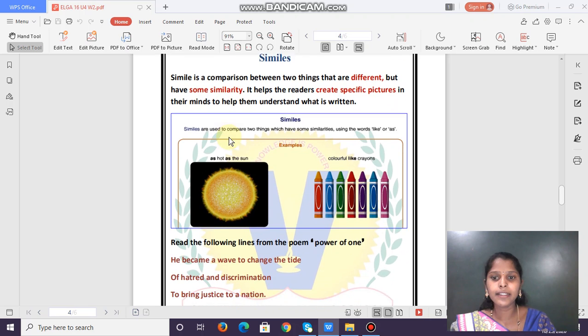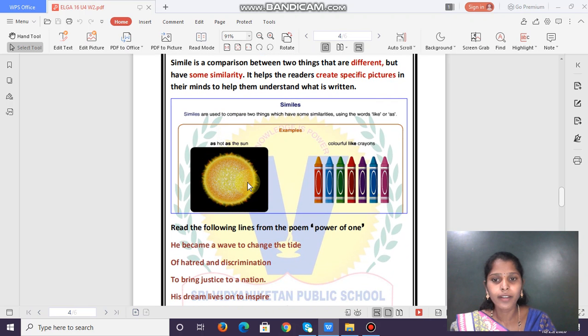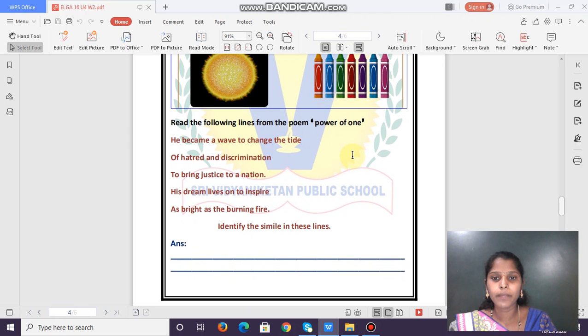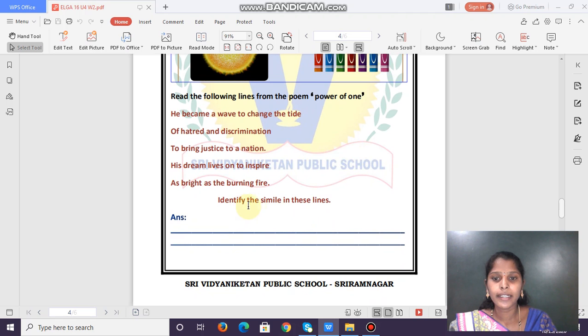We can see the example here. Hot as the sun. Colorful like crayons. Now read the following lines from the poem Power of One and identify the similes in these lines.